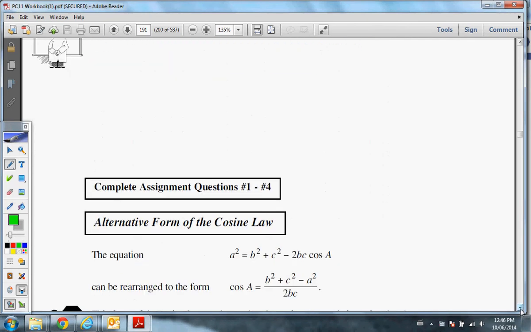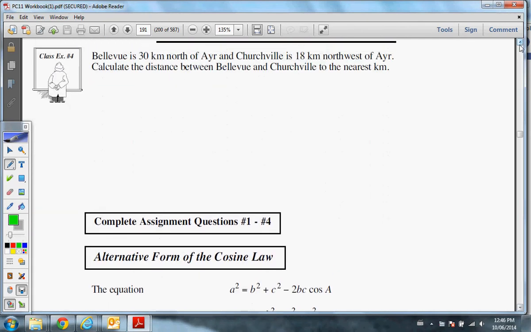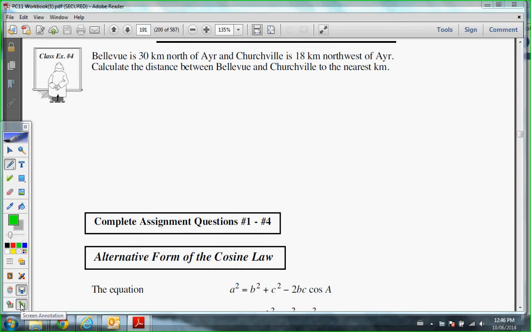So example 4. Bellevue is 30 kilometers north of Ayer, and Churchville is 18 kilometers northwest of Ayer. Calculate the distance between Bellevue and Churchville to the nearest kilometer. So let's see here, we have Ayer, 30 kilometers north, that's going to be Bellevue.